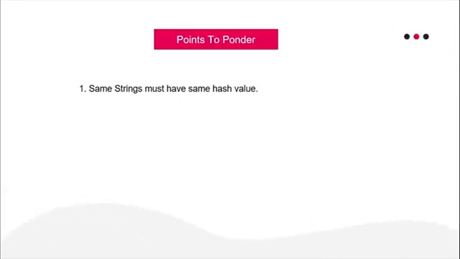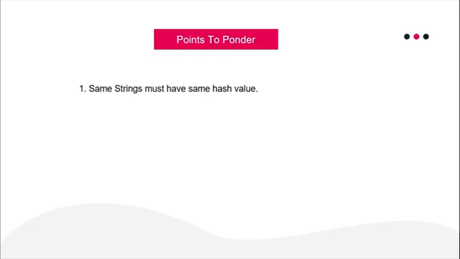Now some points to ponder. Remember when I was talking about the string hashing function, when you are applying any hashing function, there are two things you need to take care of. First, whenever you are passing the same string, the string hash generator function must generate the same value.